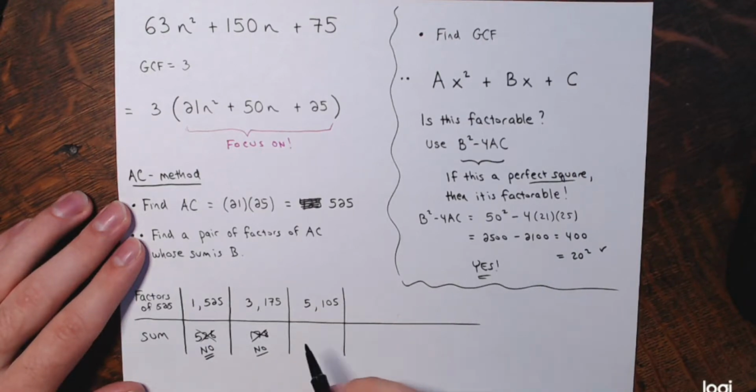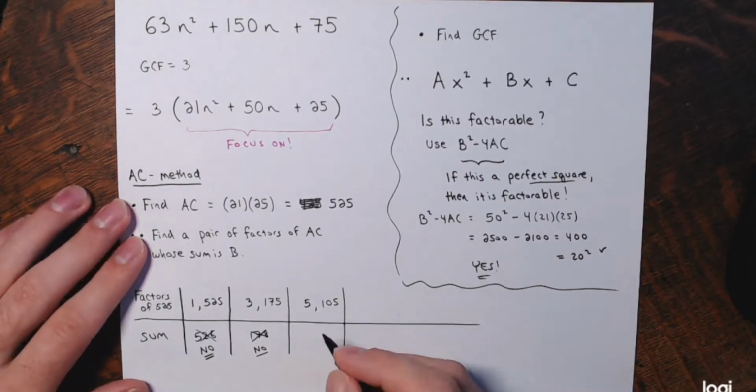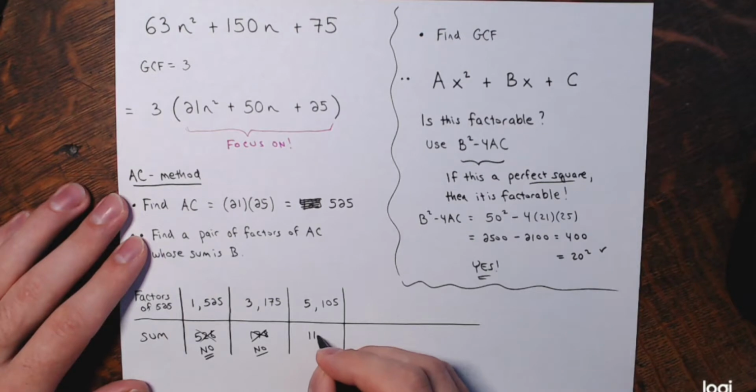Now you can use a calculator to do division, to see what numbers go into numbers evenly if you want to make things a little faster. But these add up to 110, which is not 50, but we're getting closer.